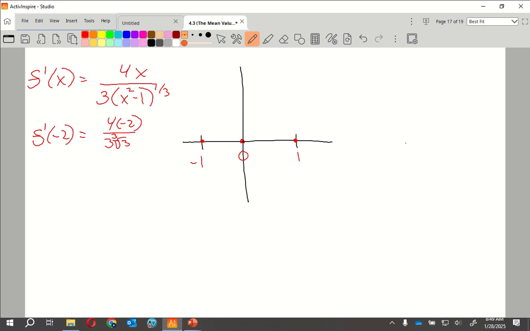So f prime of negative 2 is negative. So my line is down here. All right, plug in a negative 0.5 or negative 1/2. I like fractions.